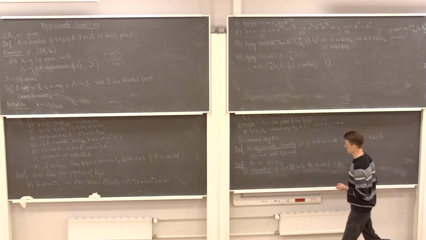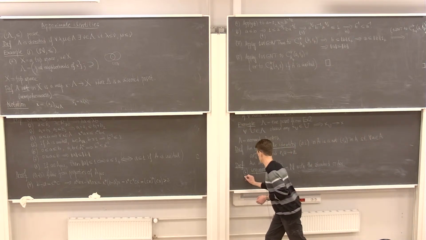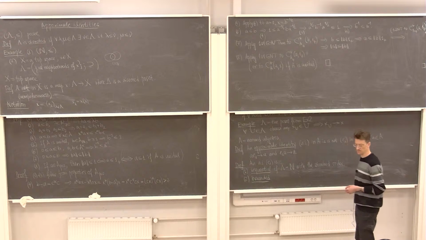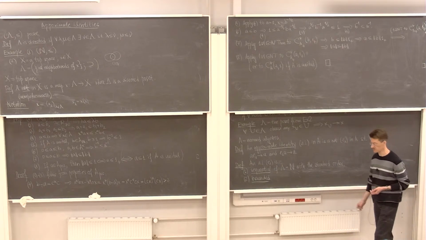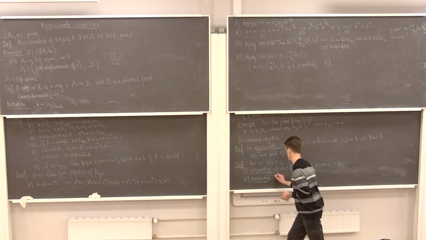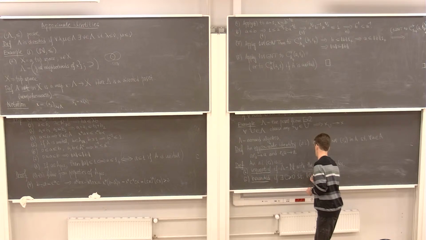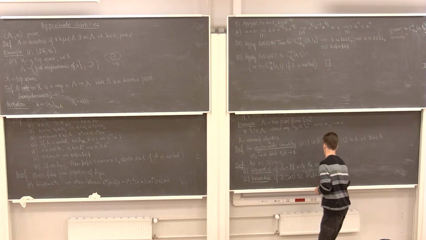And another useful property: we say that e lambda is bounded if the set of all these elements e lambda is bounded. That is, if there exists a constant C such that the norm of e lambda is less than or equal to C for every lambda.